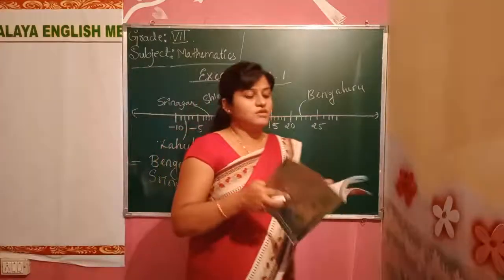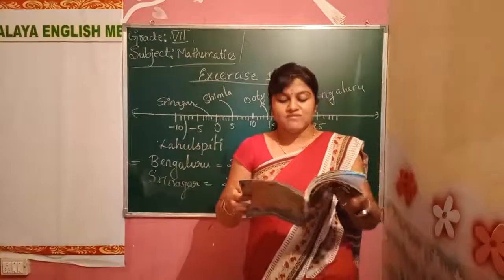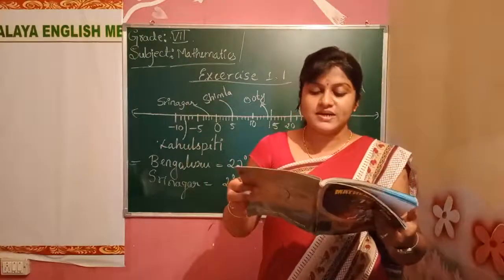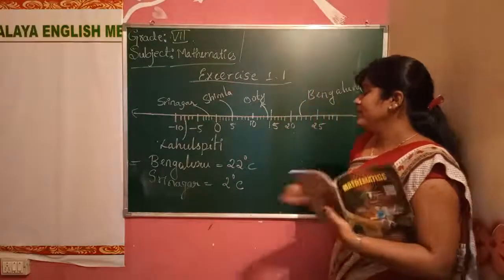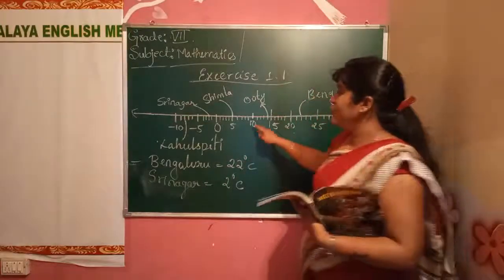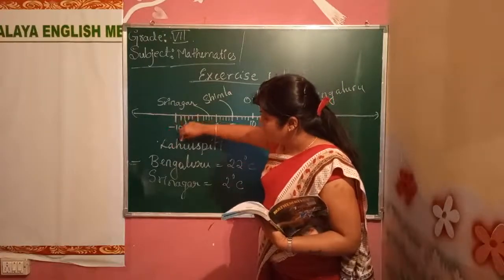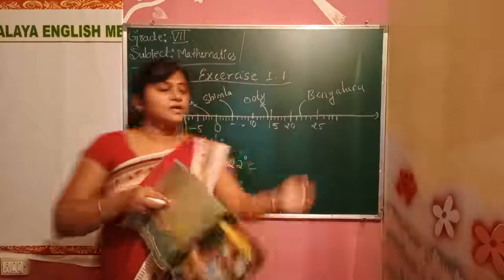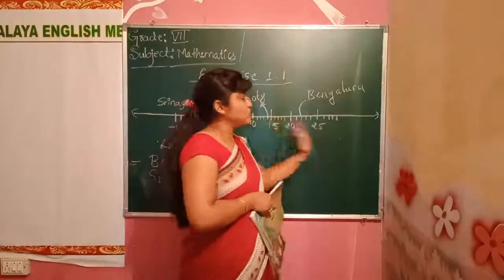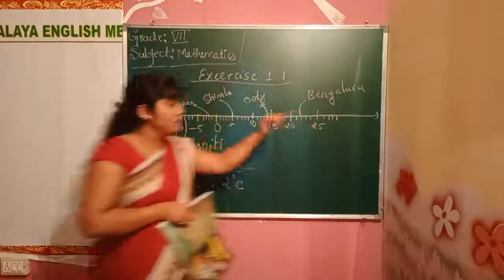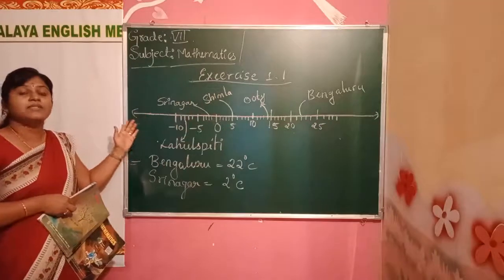So children, check which is the lowest and which is the hottest here. Which will come first and which will come last? When we see the positive sign, if it's go up and up, that will be the highest. But here in the negative sign, when we go to the next number, that will be the highest.